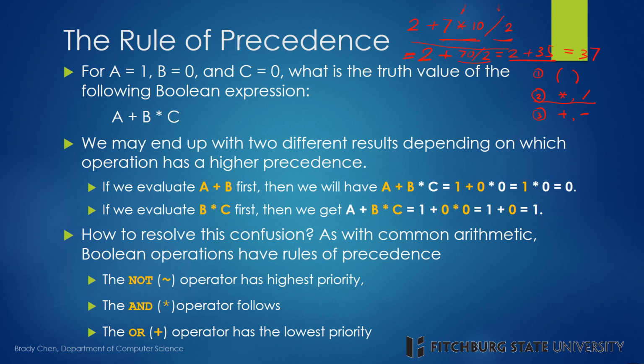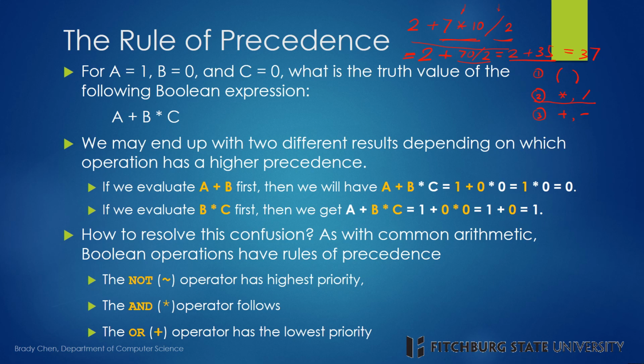That's important, because if we don't follow the rule, you may get a completely different result. For example, if you evaluate the addition first, then we get 2 plus 7, which is 9, then 9 times 10, that's 90, and then 90 divided by 2, that's 45, which is not the same result.